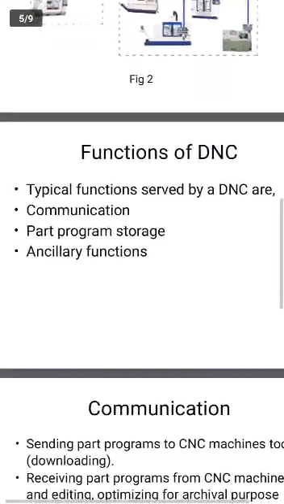Next one, functions. We'll see the functions of the DNC machine. What are the different functions of DNC? The first one is communication. Next one, part programming storage. Next one, auxiliary function. These are the three different functions of DNC.